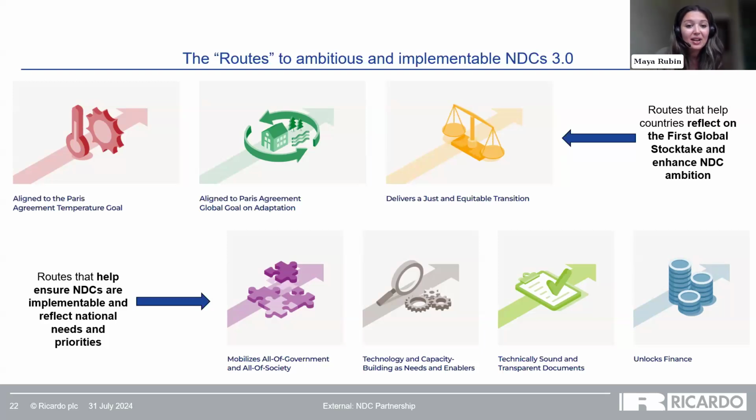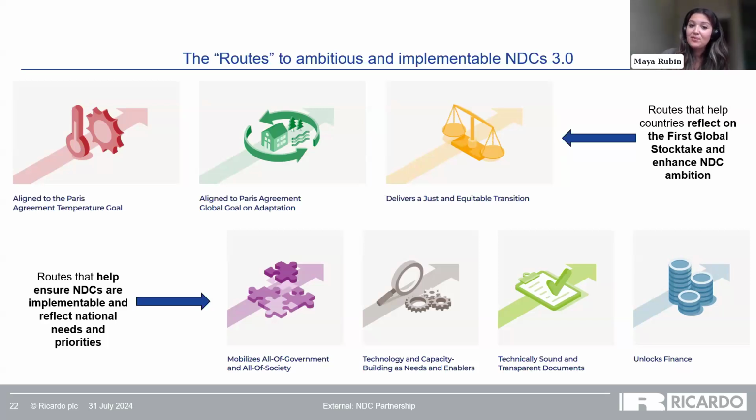Next up, we have aligns to the Paris Agreement Global Goal on Adaptation, which similarly provides information on how to set targets and goals, how to formulate actions, and then some more specific areas such as incorporating loss and damage and nature-based solutions into NDCs. And this route is really important for accelerating adaptation efforts, which, as many of us know, is important in a warming world where adaptation might be a priority over mitigation for many countries.